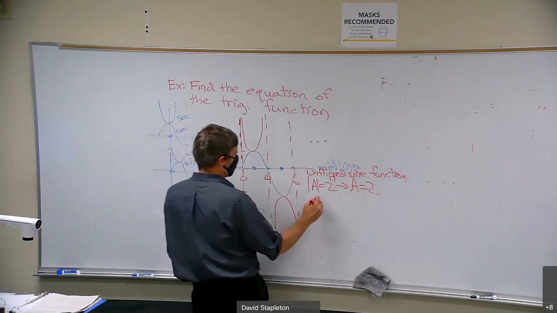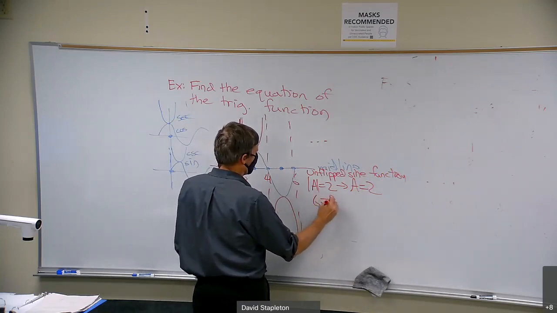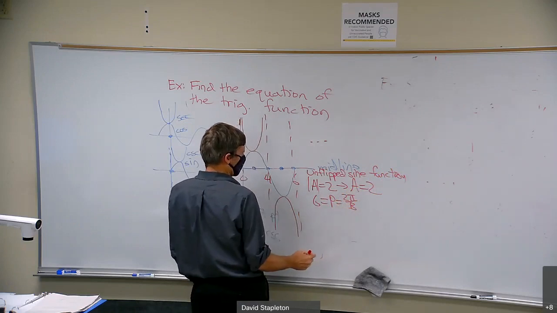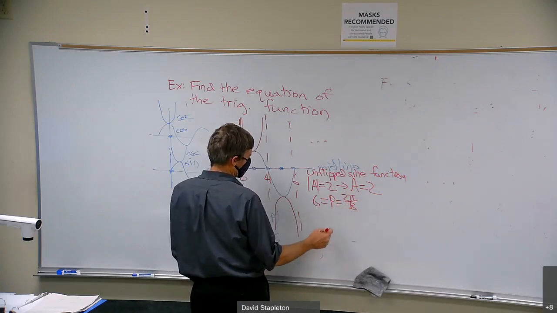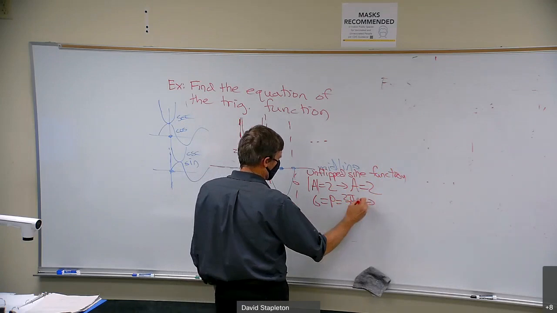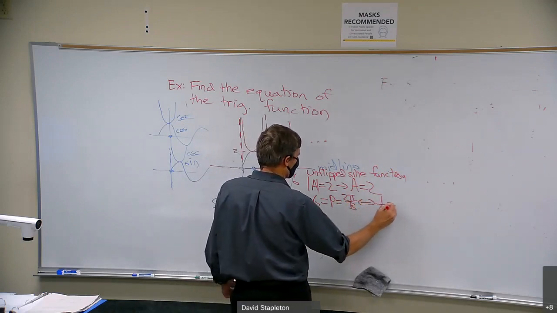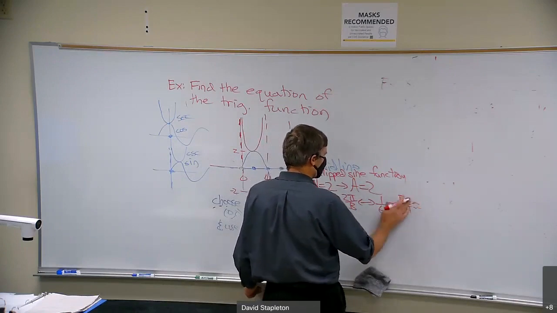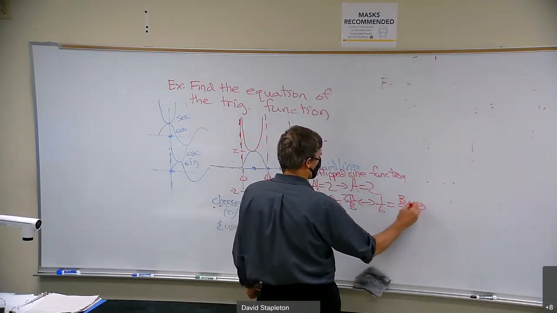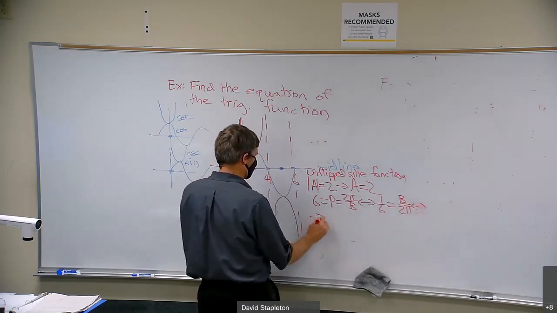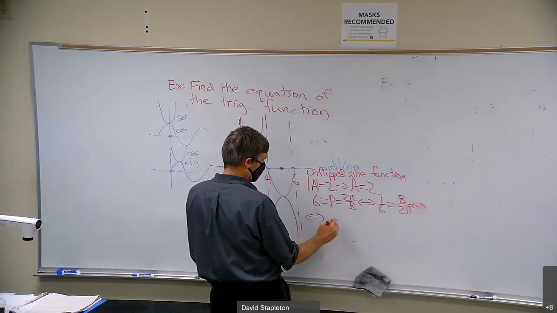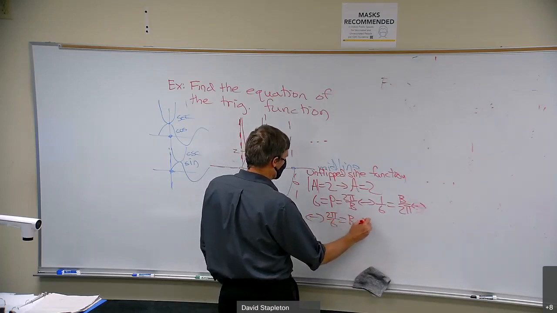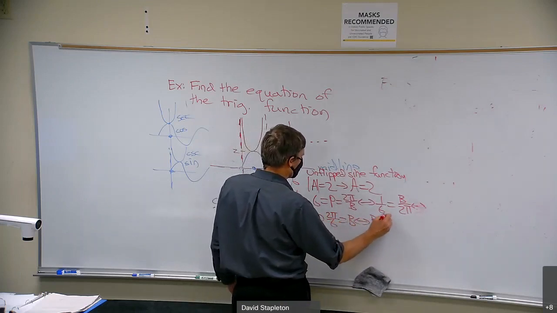Then the period is 6. Period is 2 pi over B. So if we take reciprocals, this says 1/6 over 2 pi, multiply by 2 pi, and you've got 2 pi over 6 is equal to B. Evidently, B equals pi over 3.